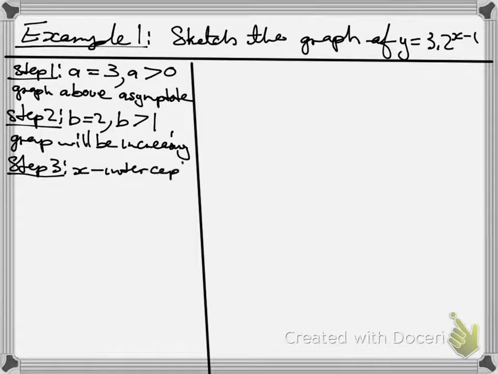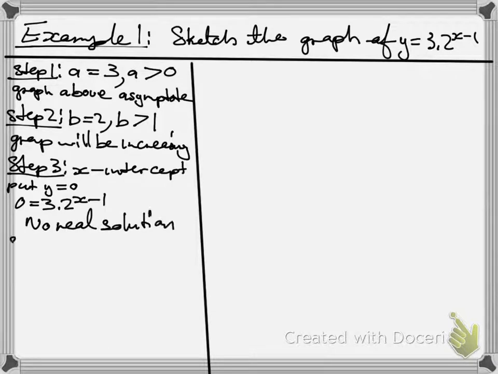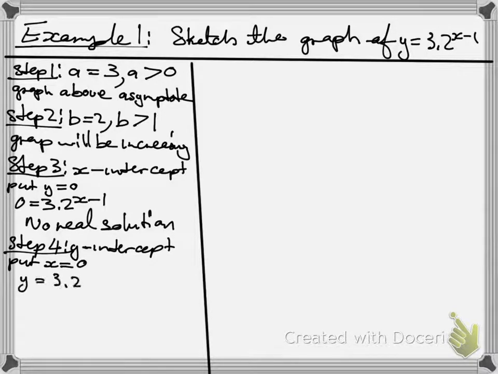Step 3, we find the x-intercept. Where there is y, we put 0 and we solve for x. So you need to know your laws of exponents. In this case, you see that there will be no solution. So step 4, we find the y-intercept. We put x equals 0 and we solve for y. In this case, y will be equal to 3 over 2, which is 1.5.